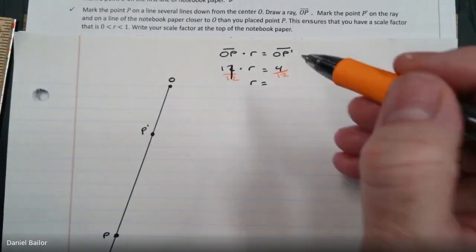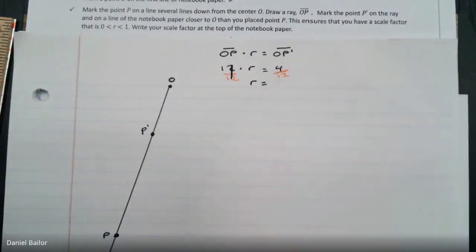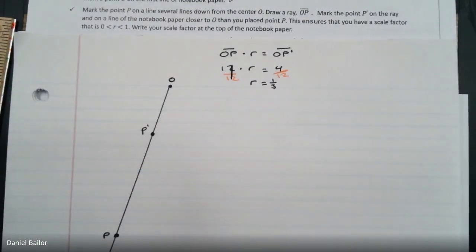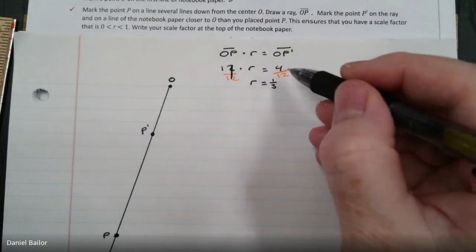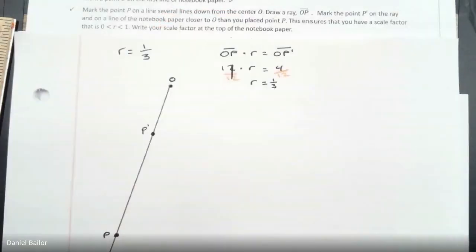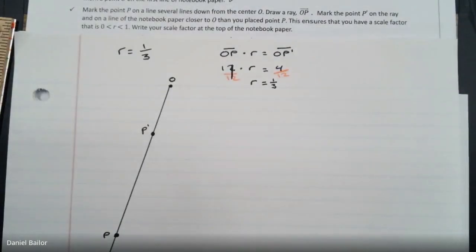So R equals 4 divided by 12, which is actually 1/3 when you simplify the fraction. 4/12 simplifies to 1/3. So my scale factor equals 1/3. Everything gets multiplied by 1/3.